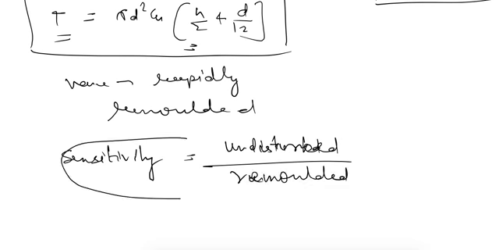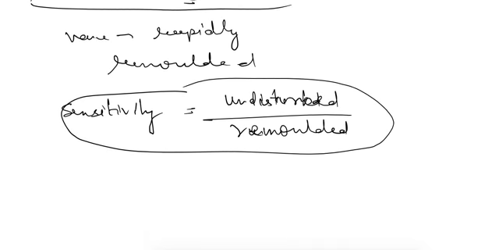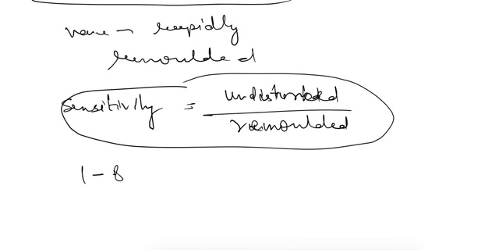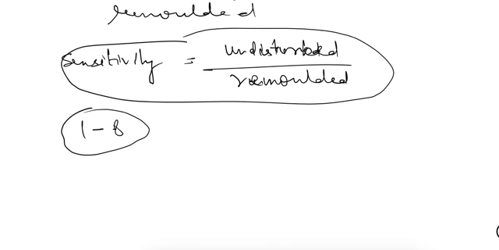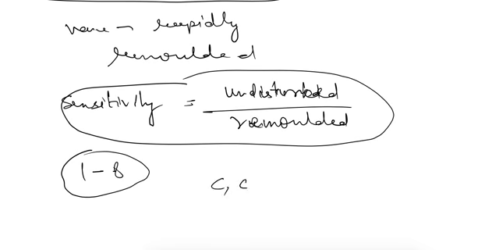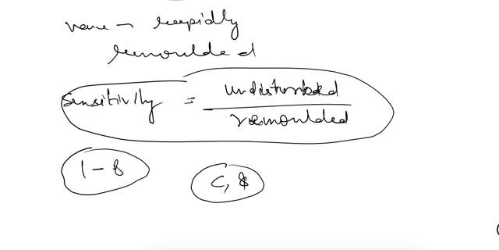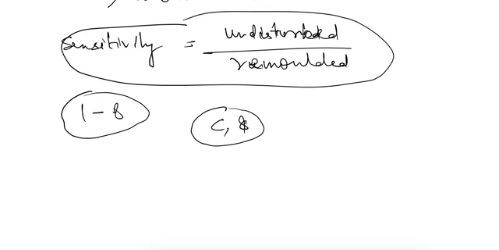This way we can find out the sensitivity. For clay, sensitivity is between 1 and 8. So that is the test using which we find out C and phi. Now we will discuss the variants of the triaxial test, that is consolidated undrained, consolidated drained, and unconsolidated undrained tests.